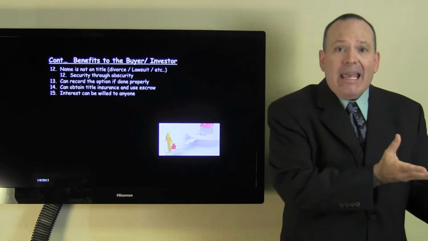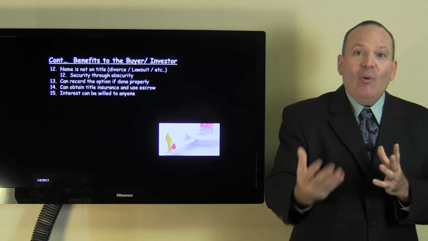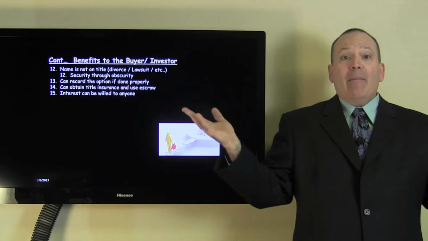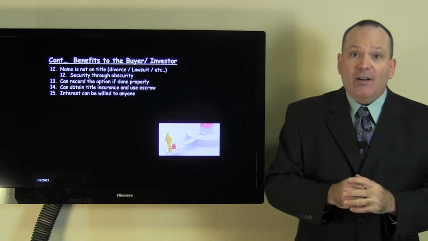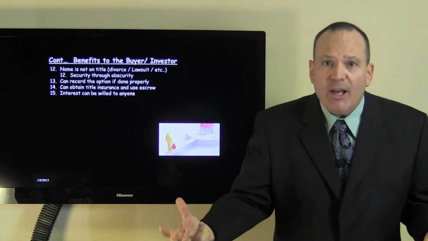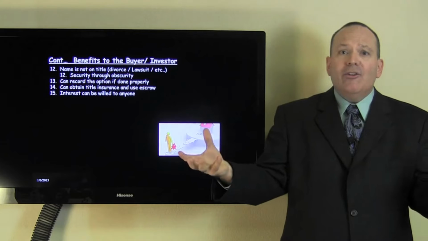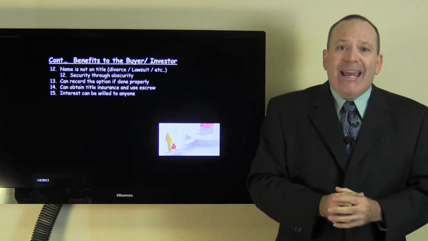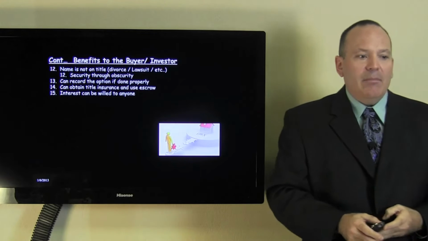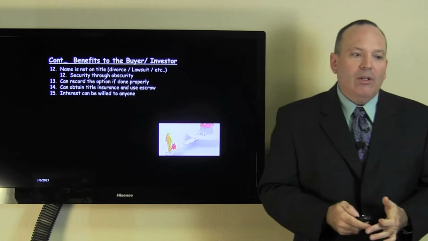It will go back to the bank. There's no difference between the lease option and, for that matter, all the other types of alternative purchase options. There's no difference between them and a traditional mortgage lending transaction when you understand those considerations. It's the same thing. So understand that an interest can be willed. Controlling interest can be willed to another person.